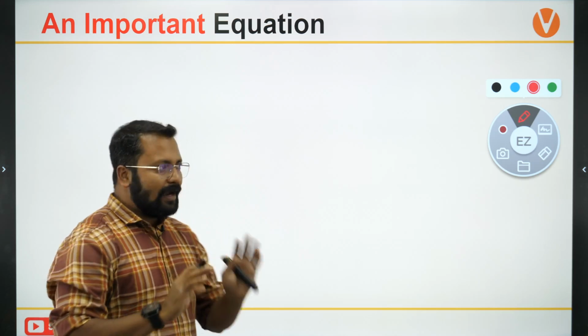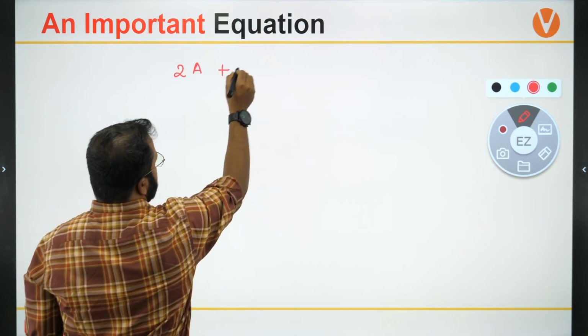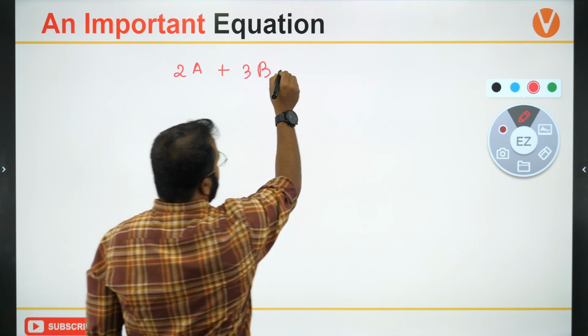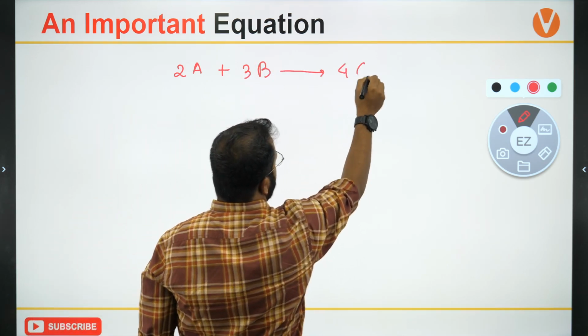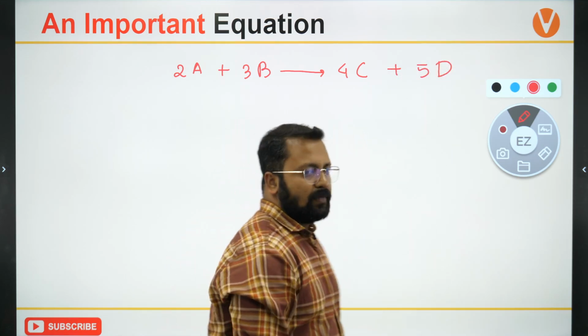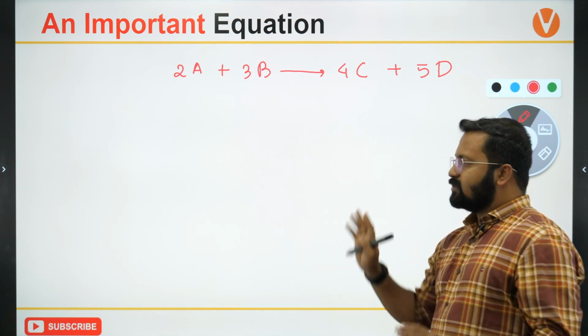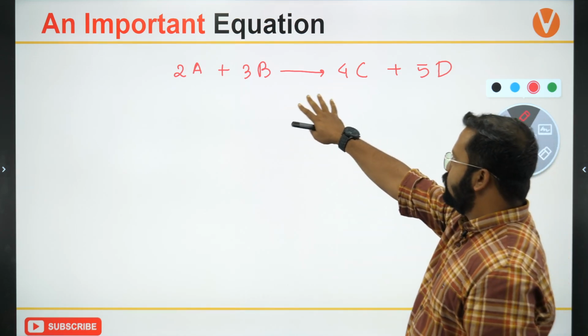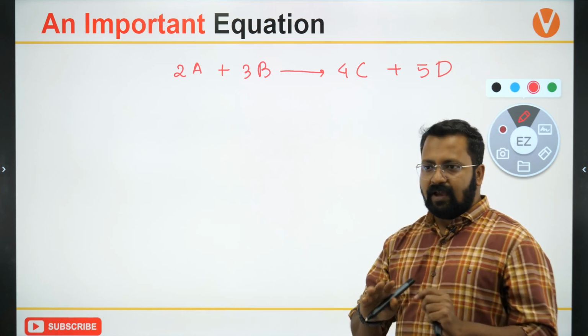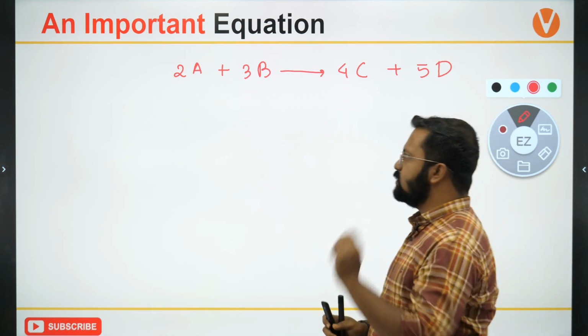Let's say there is a reaction 2A plus 3B gives rise to 4C plus 5D. A typical reaction is given like this: 2A plus 3B, 4C plus 5D. Can I say this is a balanced reaction? This is a balanced reaction.